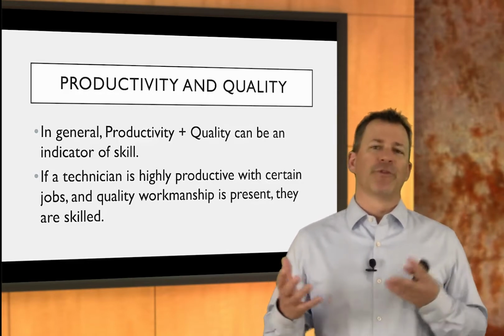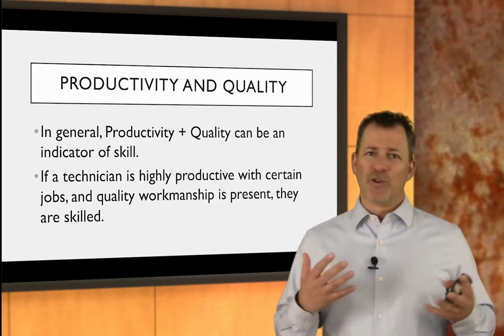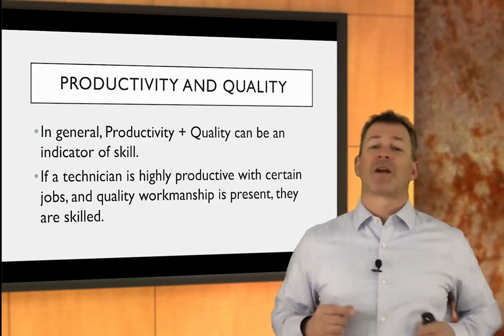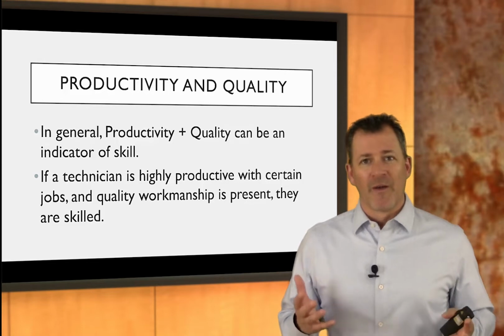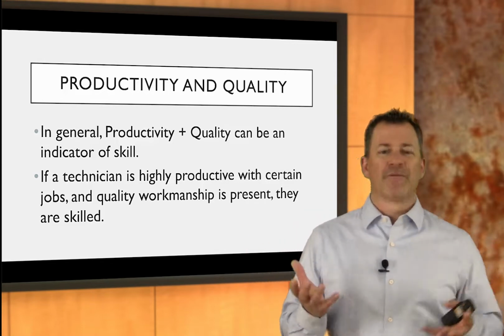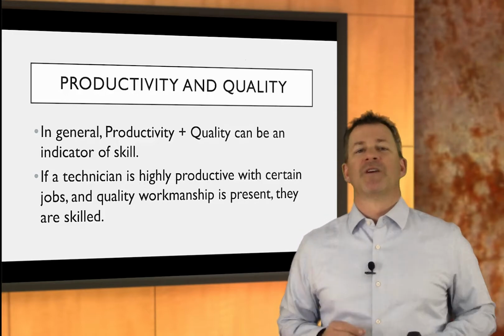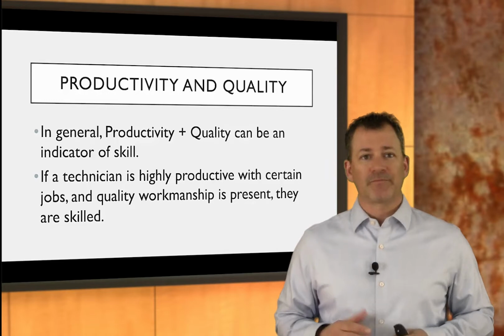And make mental notes of this. And over time, you will learn who you can give certain jobs to and who you probably shouldn't. And then you're going to start paying attention to your gross profit. And you'll further modify your processes to maximize your gross profit, your productivity, and your quality workmanship.